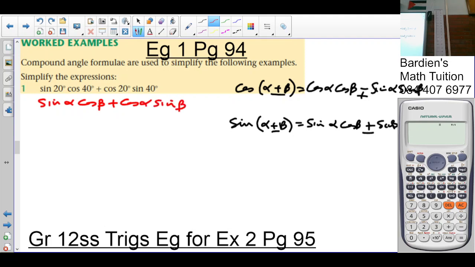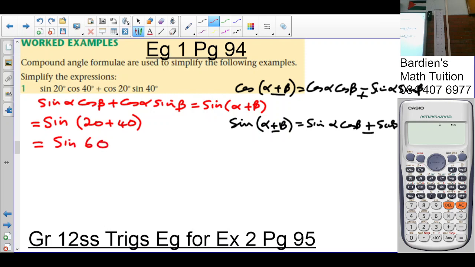And sine alpha cos beta plus cos alpha sine beta is going to be sine of alpha plus beta. Do you understand? So sine 20 cos 40 plus cos 20 sine 40 can simply be written as sine of 20 plus 40. And what is 20 plus 40? 60.